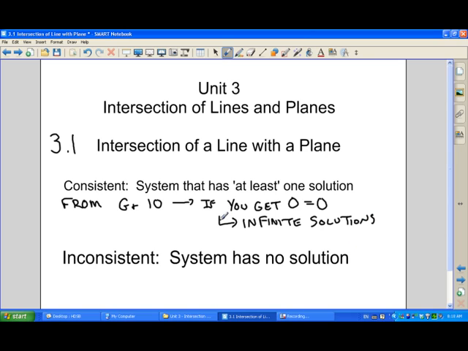So if we're working on some problems today and you see something like 0 equals 0, then you know that system has infinite solutions.